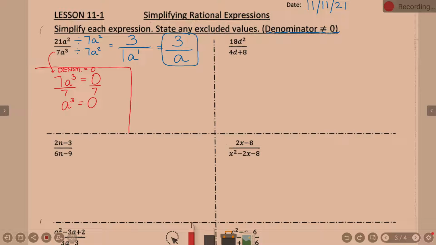Officially you could say take the cube root, but it just turns out that a is 0. So that is our excluded value. When we did that, we found a equals 0. So really what we're saying here is that a cannot equal 0.